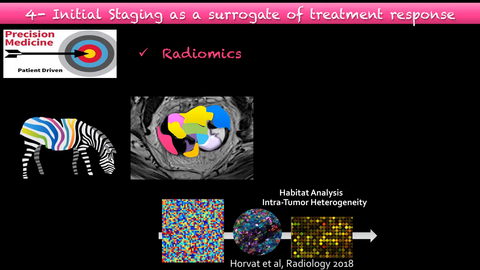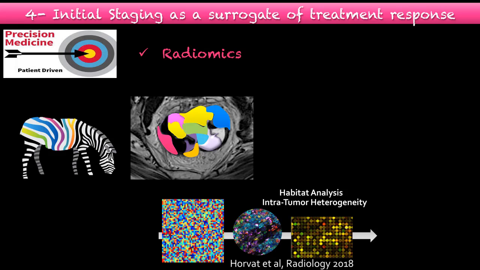As we enter the era of artificial intelligence, what about radiomics? You know that radiomics is the extraction of multiple quantitative features from the image to correlate with a diagnosis, a prognosis, a survival, or even a genomic pattern.